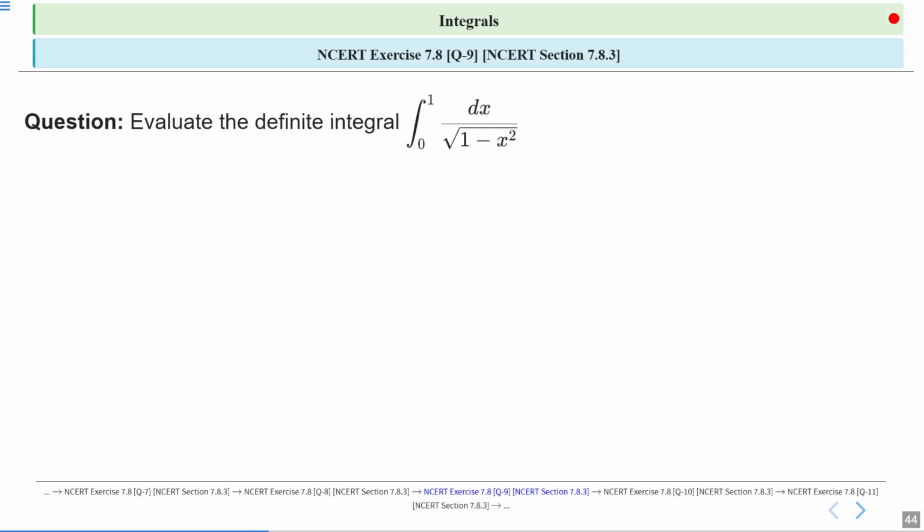Now the next question is, evaluate the definite integral from 0 to 1 dx by root under 1 minus x square.